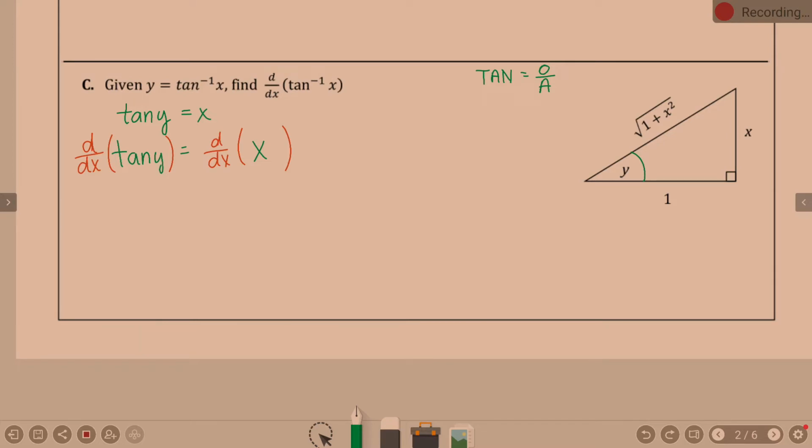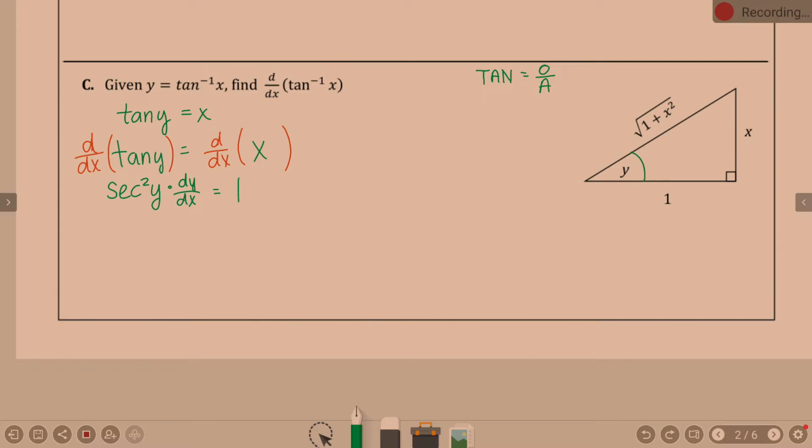What is the derivative of tangent of something? The derivative of tangent is secant squared, so this is going to be secant squared y times dy dx, equals, what's the derivative of x? Just 1.